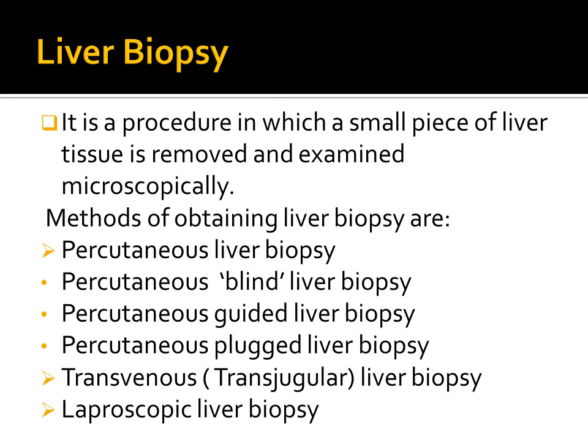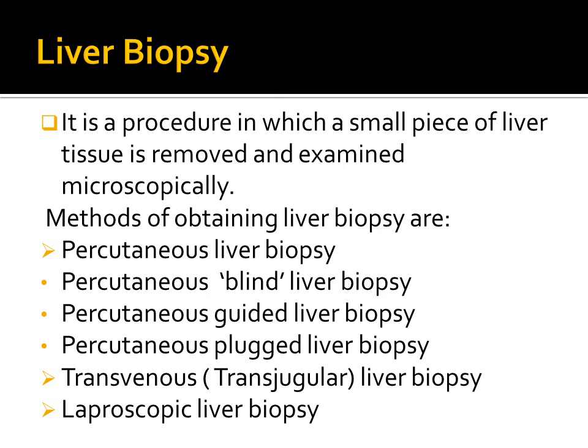What are the different methods of obtaining a liver biopsy? There is percutaneous liver biopsy, just by piercing the skin. That can be performed blindly, or under USG, CT or MRI guidance, or it can be done by making a small incision over the skin, which is known as percutaneous plug liver biopsy.